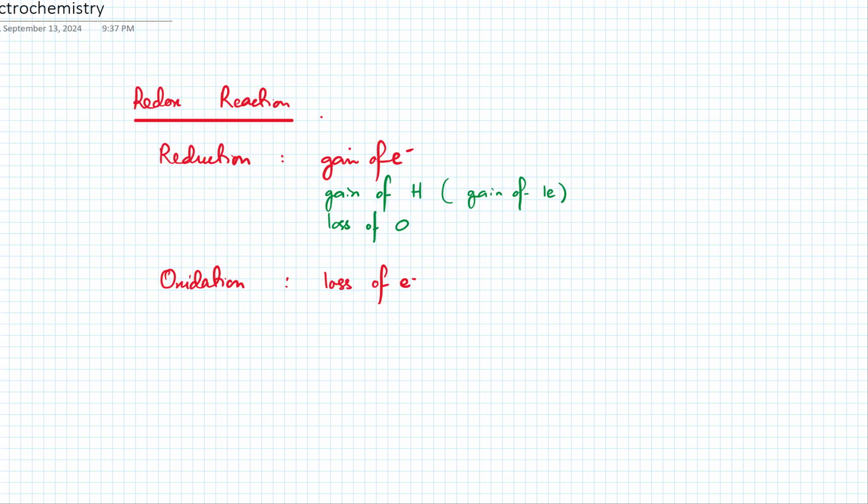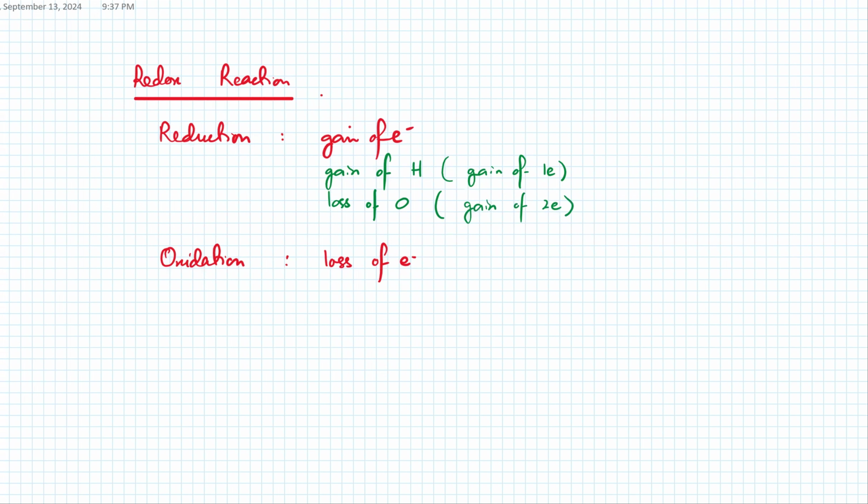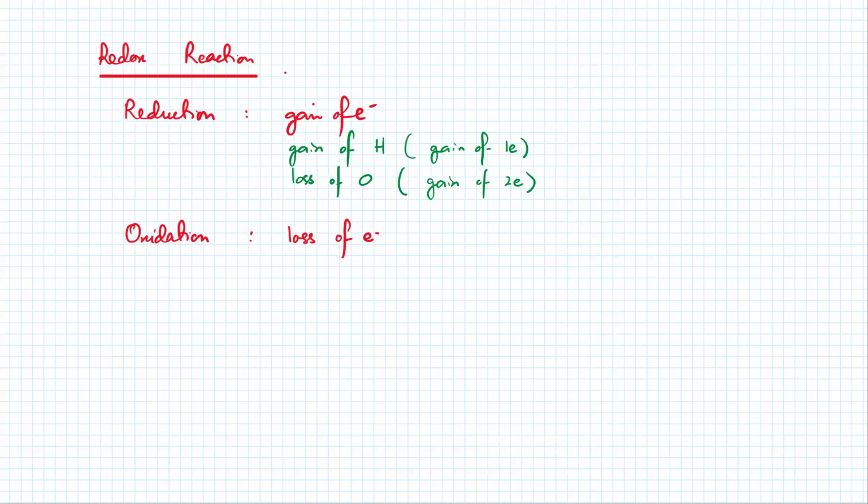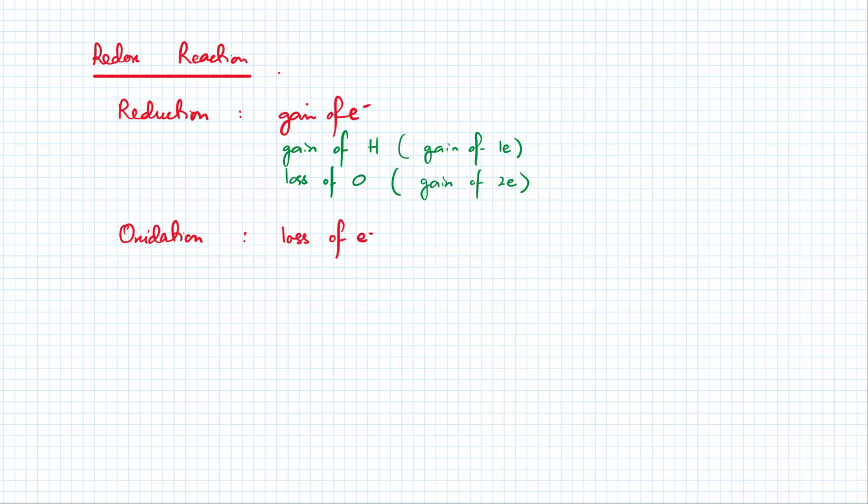And a loss of oxygen atom basically means, when something loses oxygen, that kind of means it's gaining. It's a gain of 2 electrons. Okay, I'm going to show you why that is. And the other thing is the reverse, which is that oxidation is a loss of H atoms.